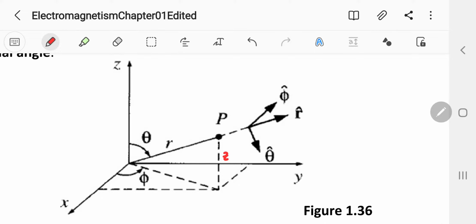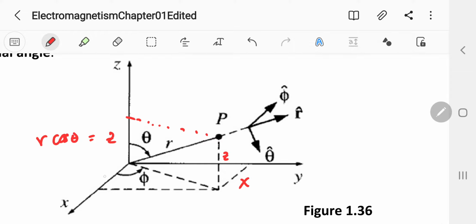If we look at this, your z is equal to r cosine theta. How about your x? This one here is your x.